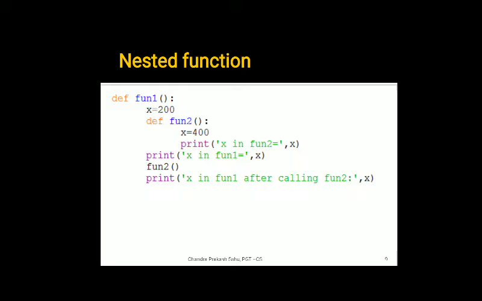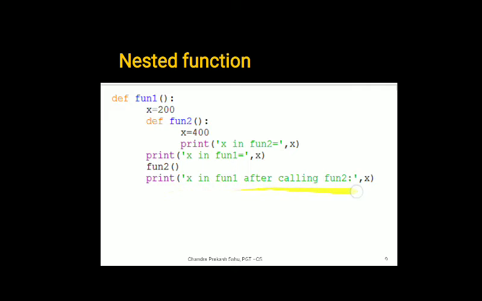Here x is the local variable of this function. So any changes made to this variable will not affect x equals 200 that was declared above this function. So when you call fun2, the x's value will be printed and it will be 400.